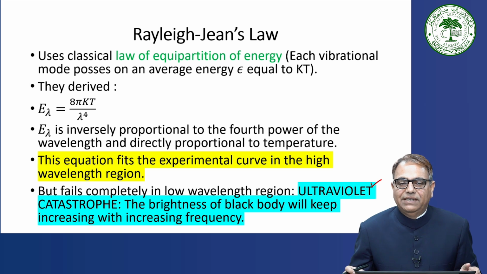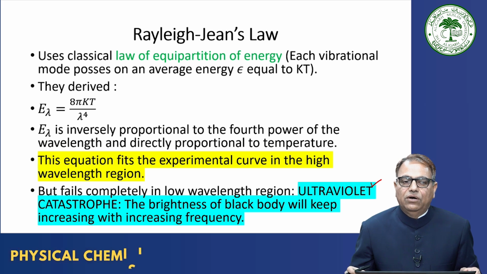Even after this advice, Planck opted for this area, and he tried to solve the black body radiation problem. He already knew that Wien's law fits the low wavelength region and the Rayleigh-Jeans law fits the high wavelength region.